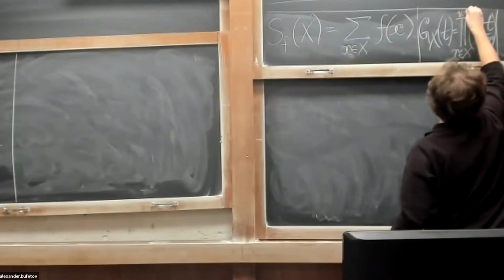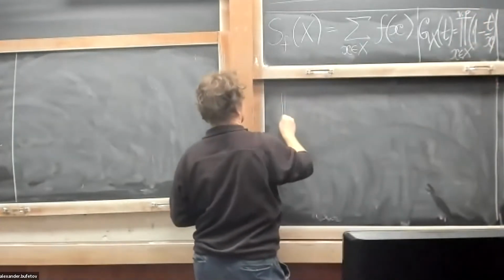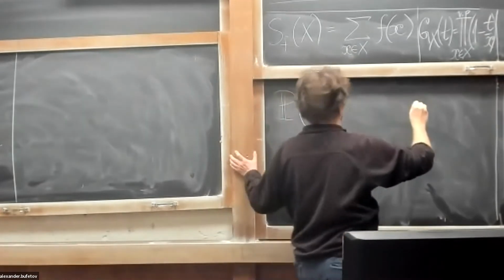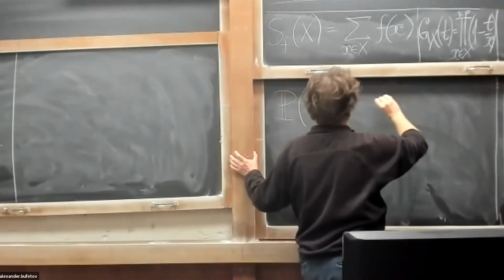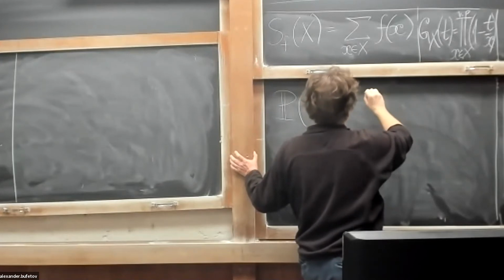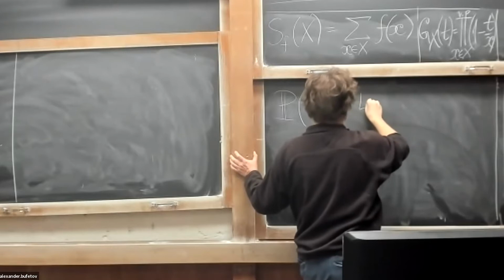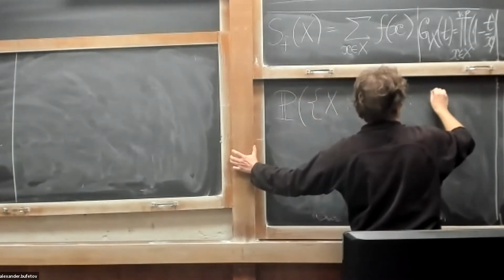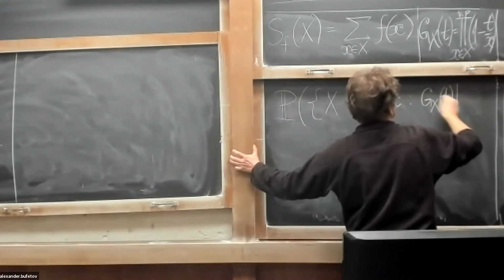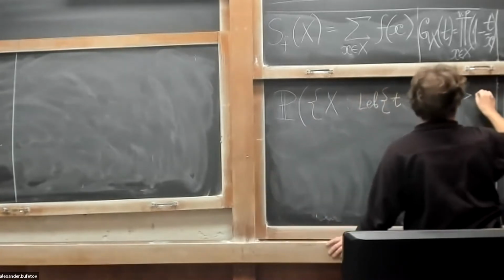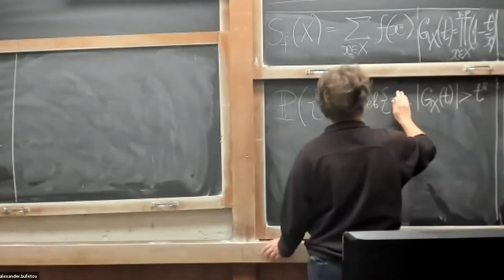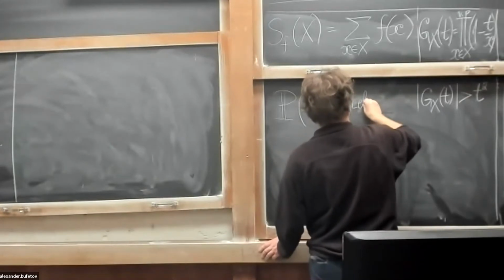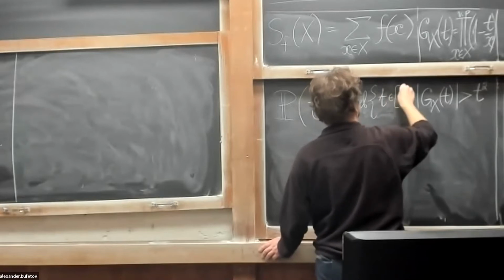So I will show that the probability of such a set, the Lebesgue measure of the set of t such that G_x of t is bigger than t squared, where t is taken in the interval between T and 2T.